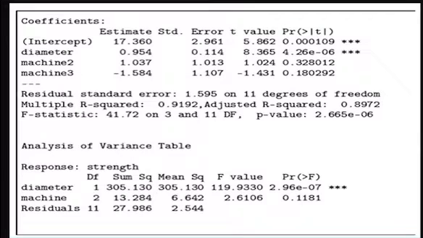Let's see the results. Okay, if you take a look at the results, what happened now? Diameter is significant if you look at the p-value, right? And when you look at the machine, when you look at the linear regression, you're going to see none of the machine is significant, right? Now, when you look at the ANOVA results, diameter is significant, but the machine is not significant, okay?